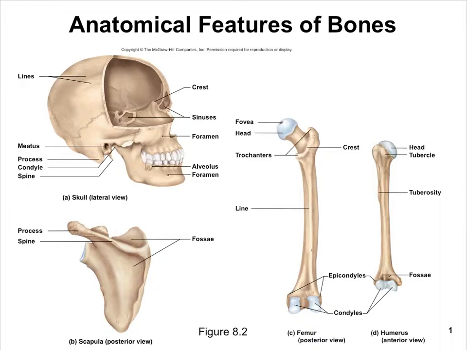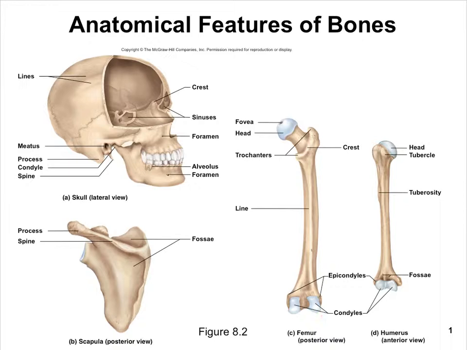Here we can see the head of the humerus, or the head of the femur. Those are basically specialized condyles that fit into ball and socket joints, and those are usually called heads specifically. And down here we can see some specialized condyles.